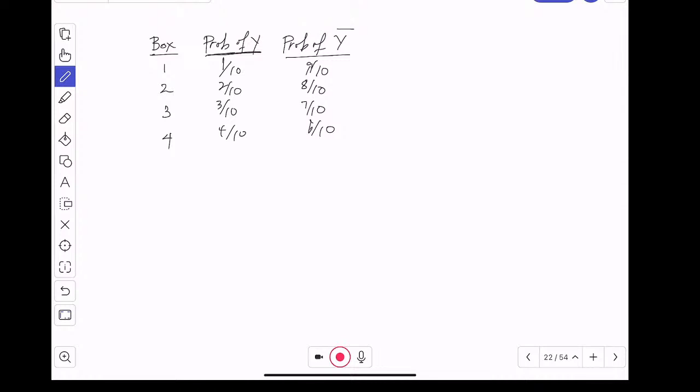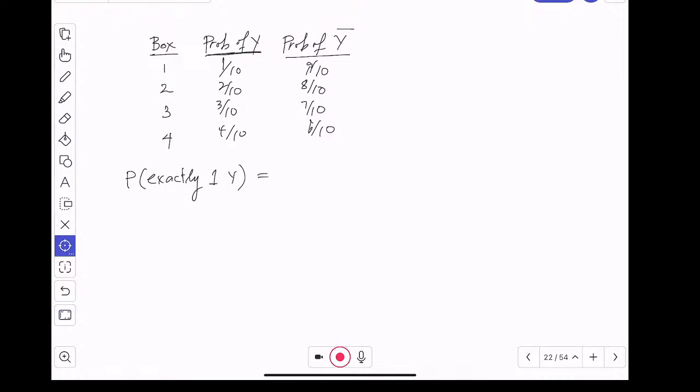So the probability of exactly one yellow ball can become complicated, because you want to think of all the combinations. But I've already reduced us to just looking at yellow and not yellow, so that simplifies things a lot.